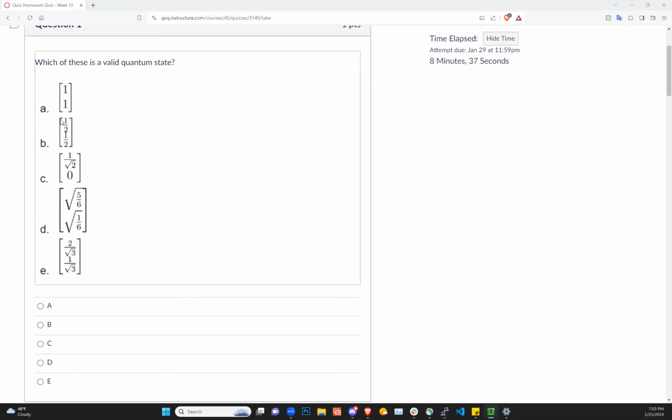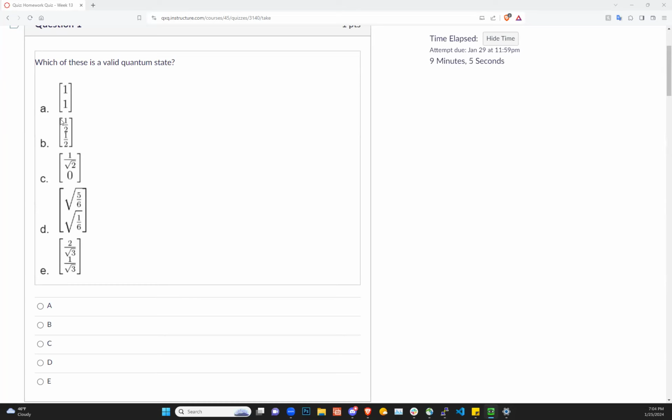We don't know what that something's going to be, but we're going to measure either the 0 state or the 1 state. So having a vector be length 1 is equivalent to saying there's a 100% chance that we'll measure something. If the length of the vector was 2, then we couldn't use Born's rule because then we would have a 200% chance of measuring something, which just doesn't make any sense.